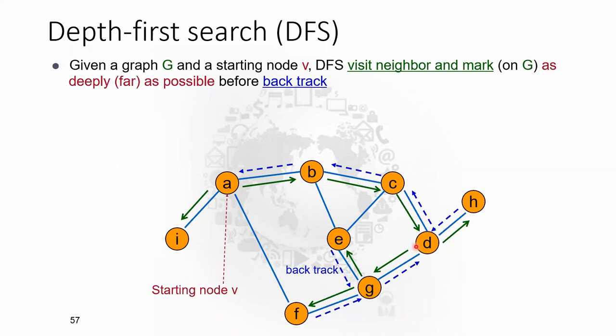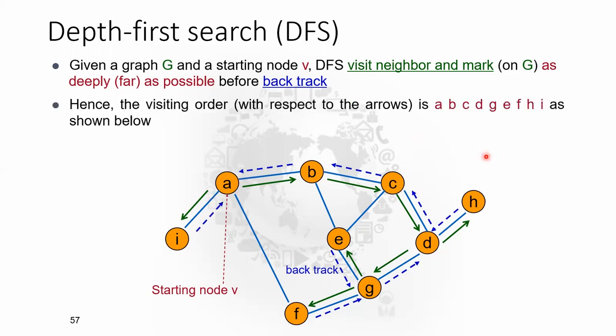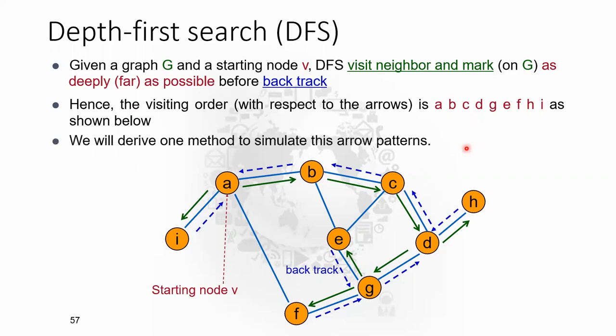Like the case here, at D, you backtrack and check C and H. H has not been traveled before, so I go to H. Then it keeps backtracking until all the nodes have been visited. So the visiting order will be A, B, C, D, G, E, F, H, and I as shown.